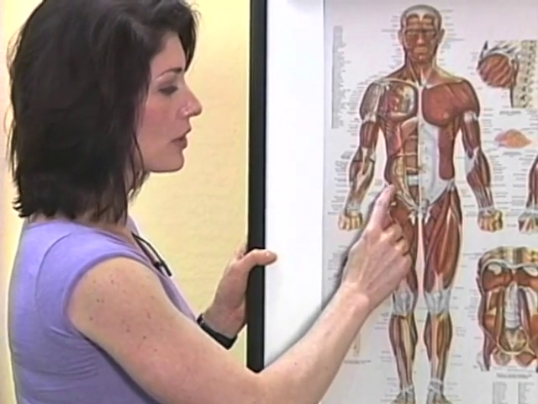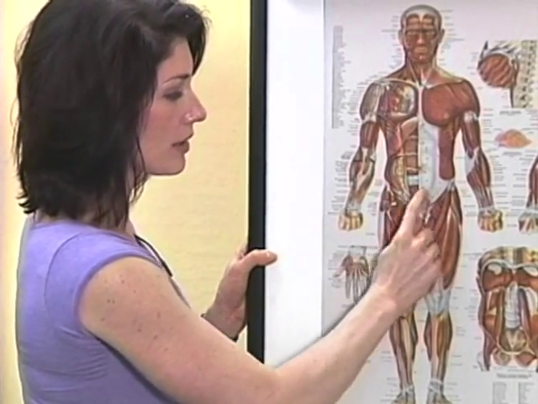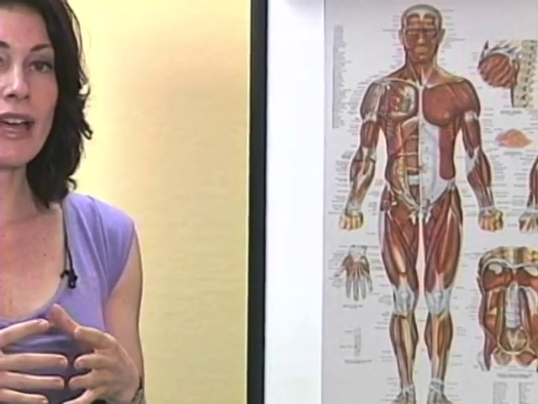So the Transversus Abdominis, oriented horizontally, has a major action of stabilizing actually the lumbar area, because it is inserted or attached to the thoracolumbar fascia.